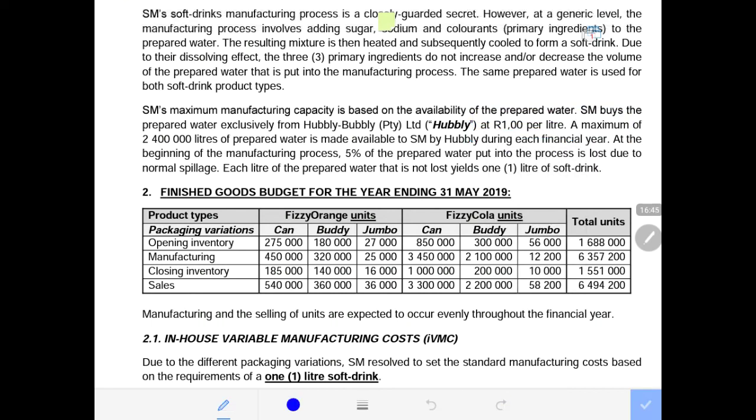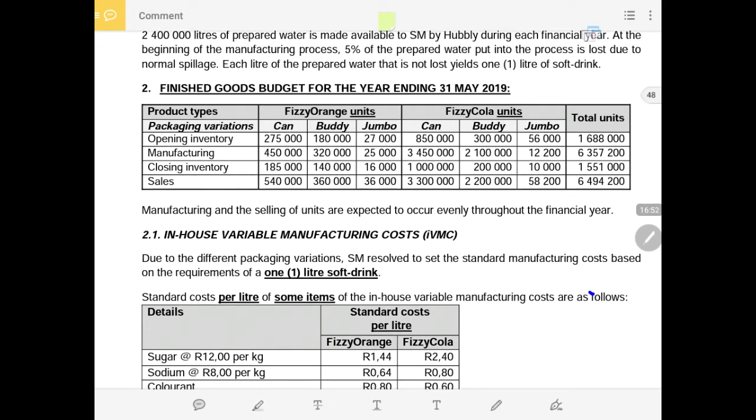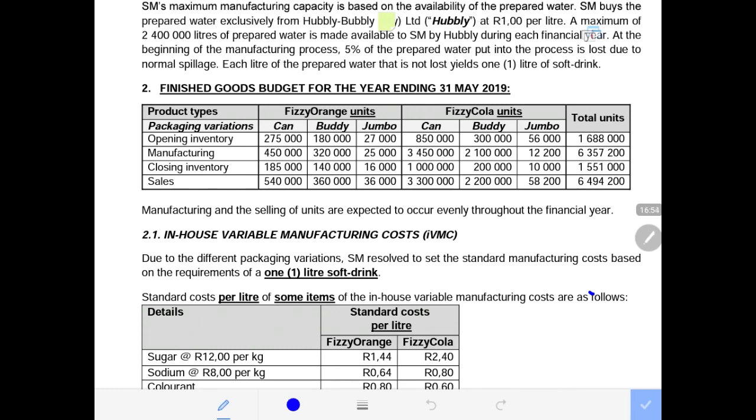Finished goods budget for the year ending 31st of May 2019. So the accounting period ends in May each and every year, and we are looking at the 2019 financial year. We have the two product types, fizzy orange in units and fizzy cola in units.